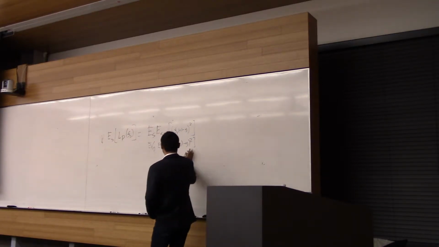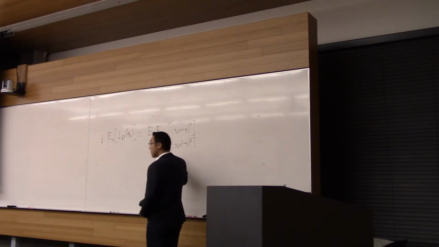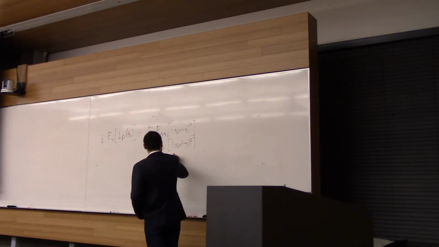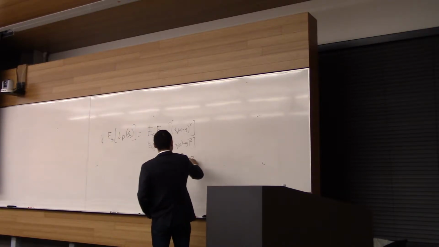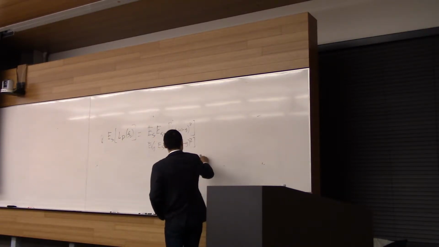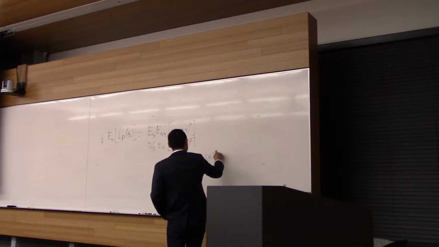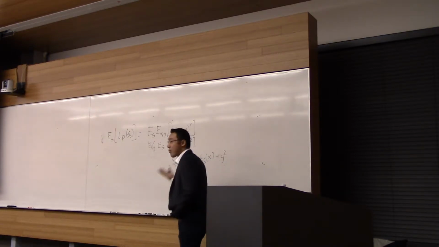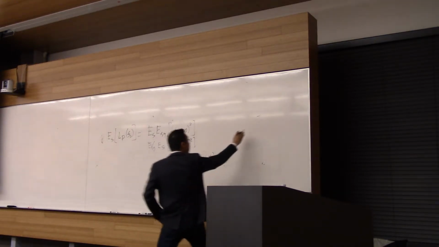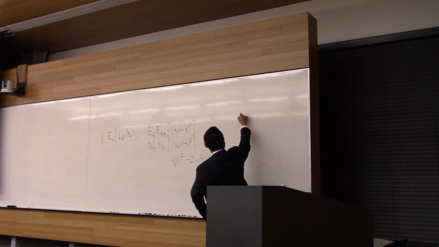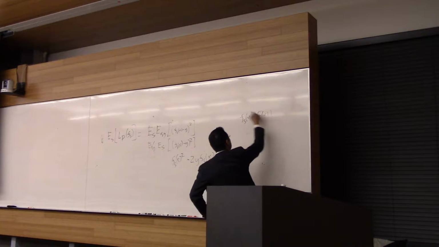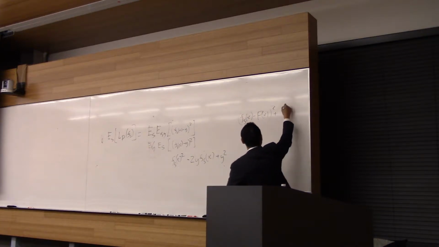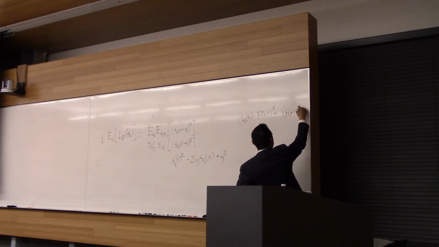And let's just write out, and then we can just distribute this out, right? So this is f_S of x squared minus 2y f_S of x plus y squared. What we want is f_S of x minus capital F of x squared plus capital F of x minus y squared.